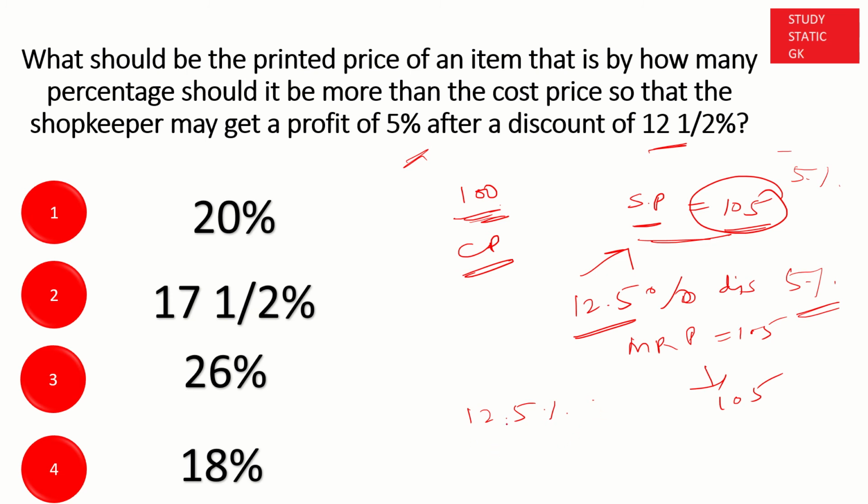So 12.5% discount he is giving means 87.5% of the market price. This market price is equal to 105, right?